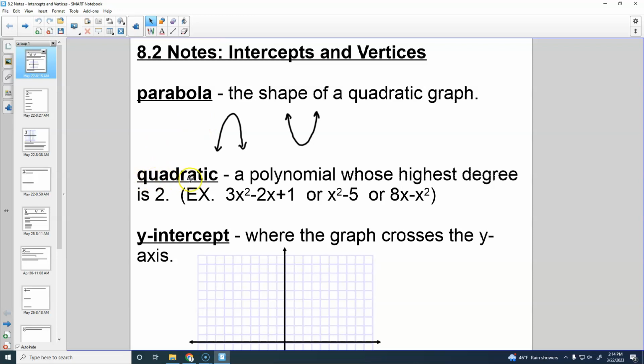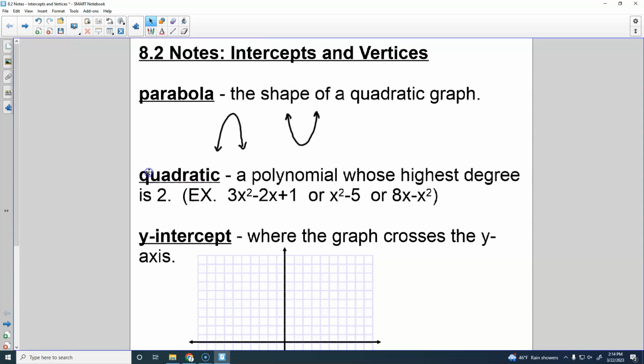The word quadratic refers to the expression itself. So that is what we use to talk about the equation. I think I told you guys whenever we started, I never really understood why they used quad for quadratic when it's to the second power instead of the fourth power, because normally quad means 4.